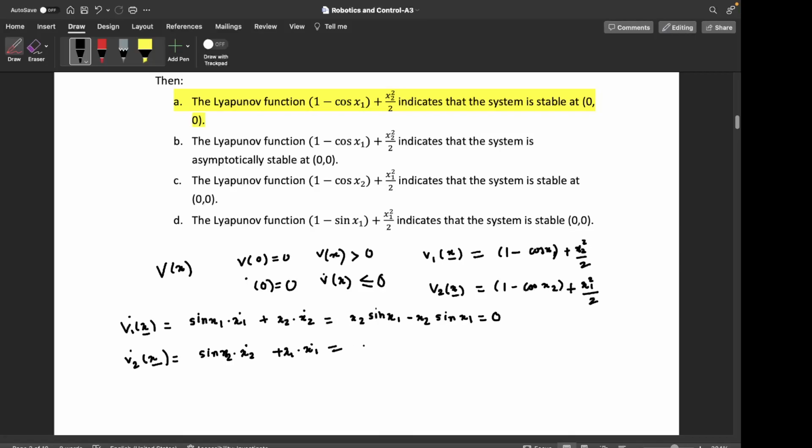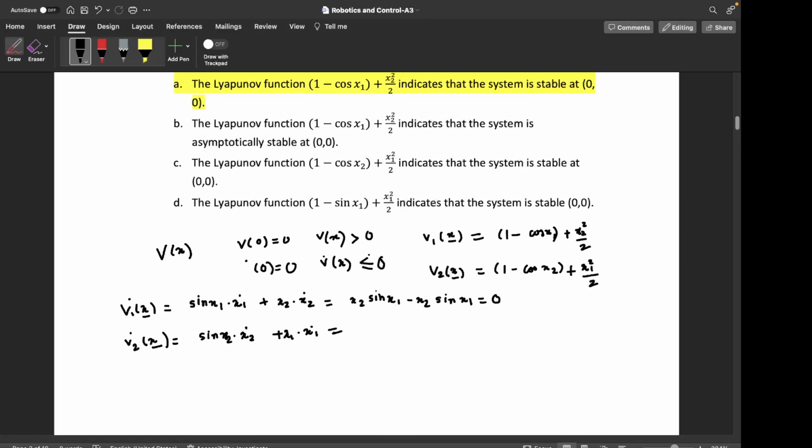And x2 dot is minus sine x1, so minus sine x1 into sine x2, and x1 dot is x2, so plus x1 x2, right?